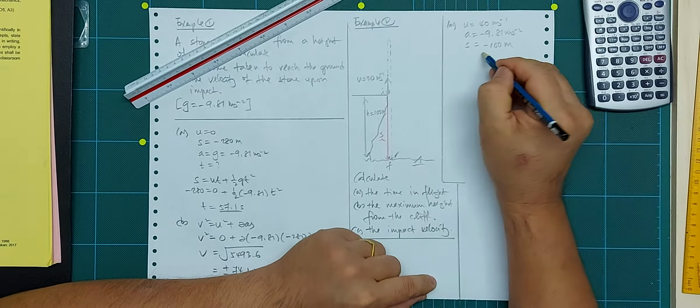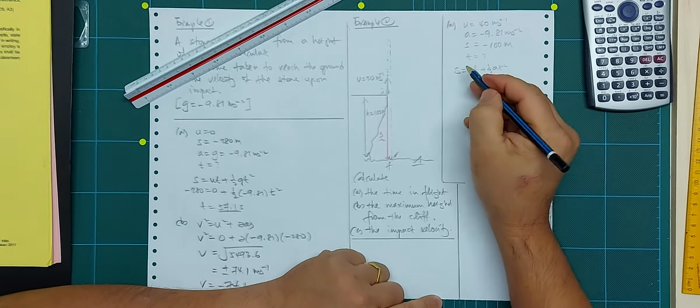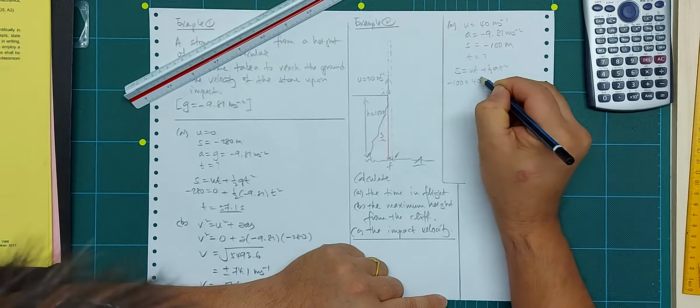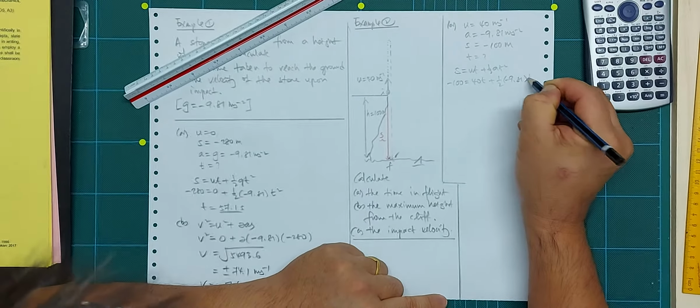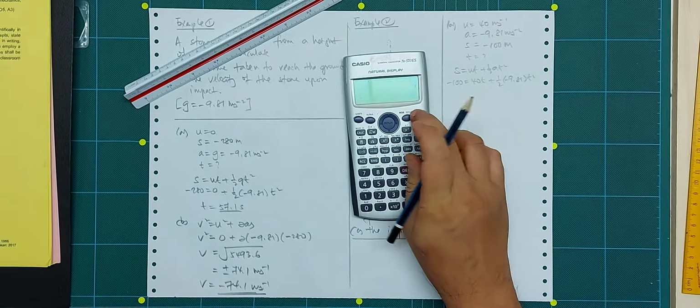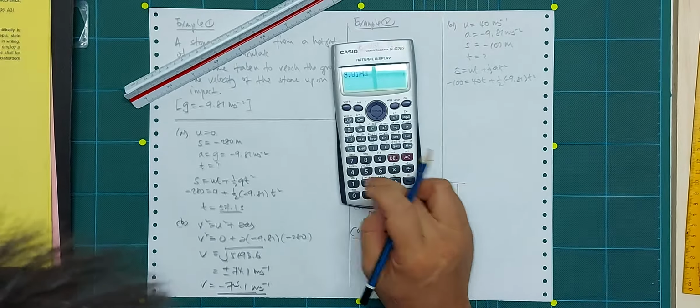So you use this. S equal to UT plus half AT square. So our S is negative 100 and this one is 40T plus negative 9.81 over 2 T square. Well, now we have a problem because it's quite a difficult calculation here. We have 9.81 divided by 2.